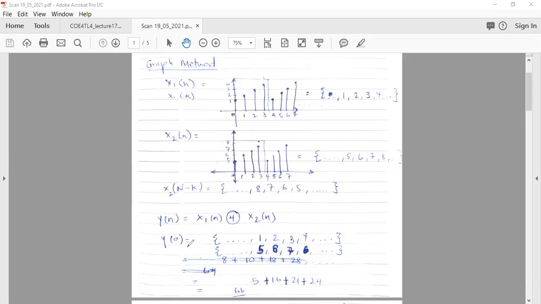So the sum of that will give me y of 0, because my 0 is in line with 0. That is going to give me 66 in this particular case. So y of 0 is basically 66.